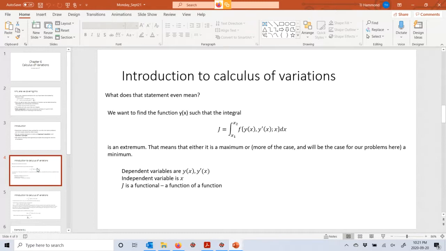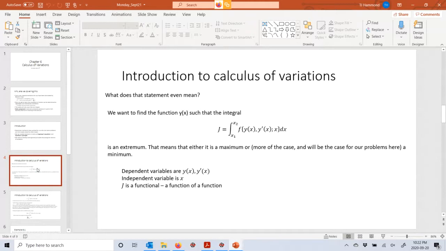We don't know what any of these terms are yet, but in general we have some independent variable x. This could be some position. Often it'll be time when we actually get to mechanics, but for now we'll just say it's some independent variable.